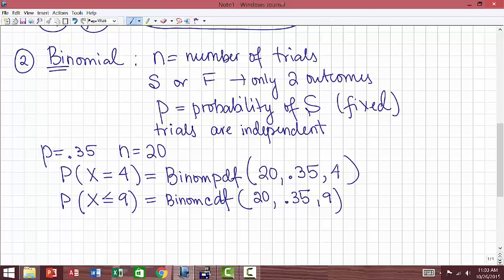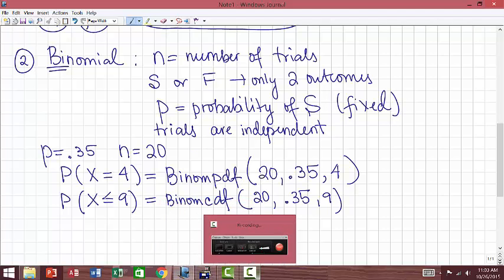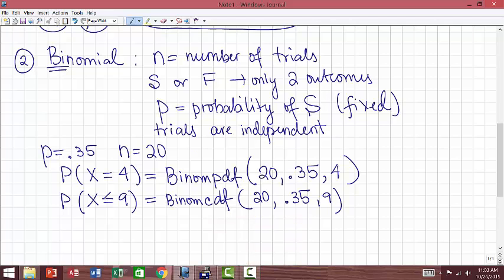What this command is doing is computing the probability of getting 0, 1, 2, 3, all the way to 9 successes, and then it adds it all up. That's how you would use this command to compute the probability of getting at most a number of successes.